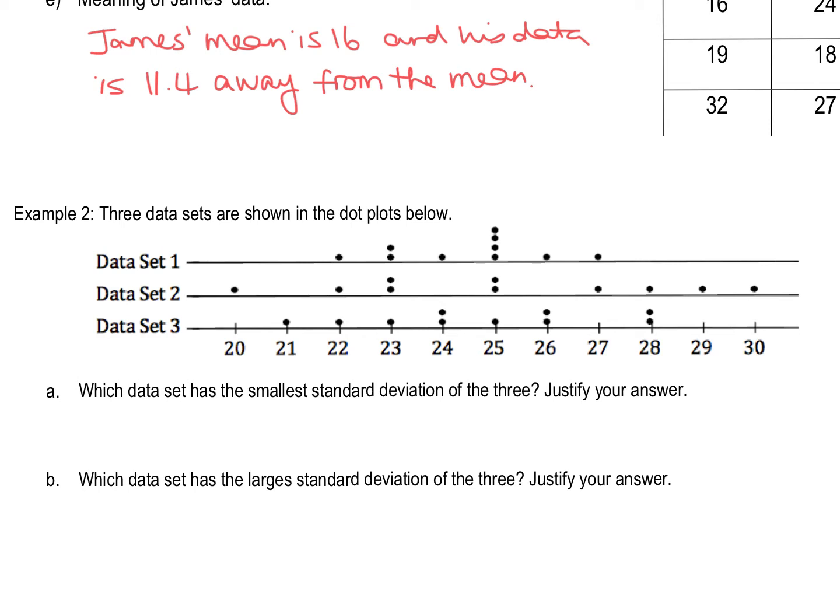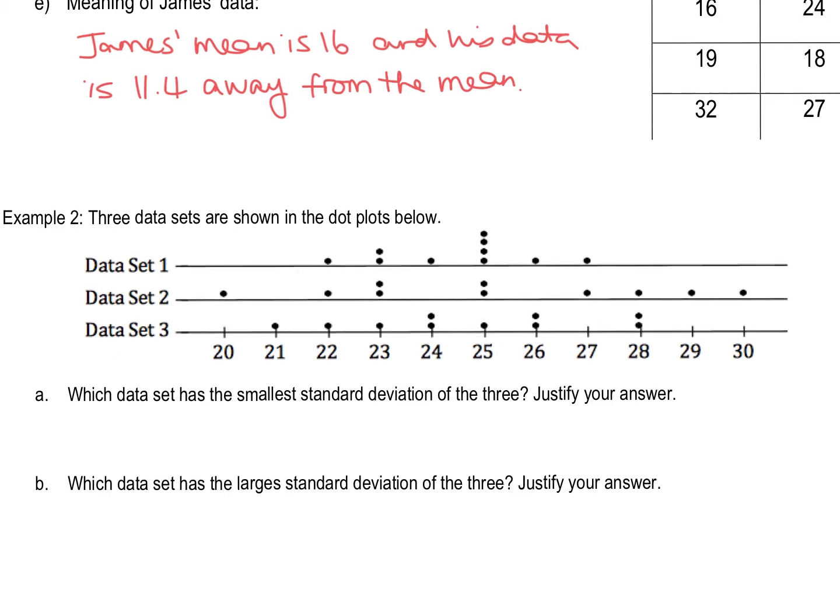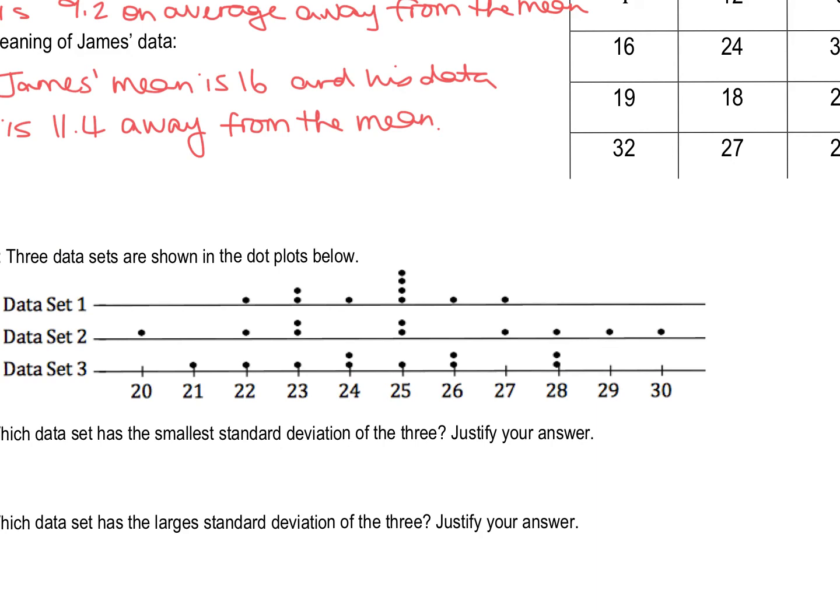So for data set 1, we go to stat, we type in 22, enter, 23, enter, 23 again, 24, 25, 25, 25, 25, 26, 27, and then we go to stat again, and we go over to calculate, and have it calculate the one variable stats, and then we get that the standard deviation for the first data set is 1.4. So I'll say sigma x for the top one is 1.4.